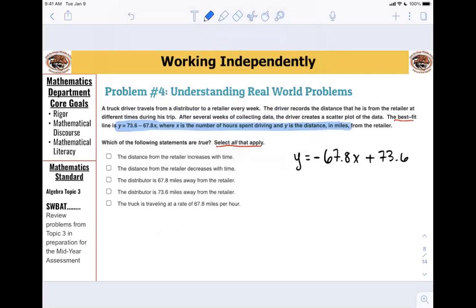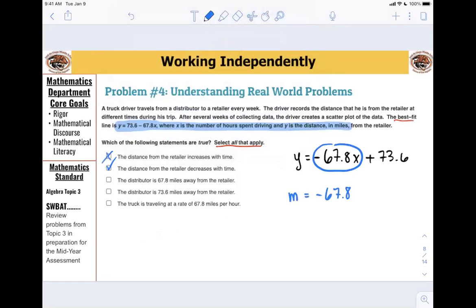What do I know? You already know it's decreasing, so box 2 is checked. How do I know it's decreasing? Because of the negative. So my slope is negative 67.8, decreasing. So I can check off box 2 and get rid of box 1.